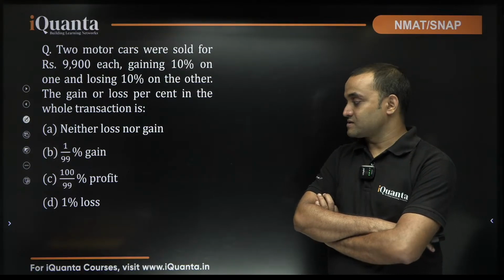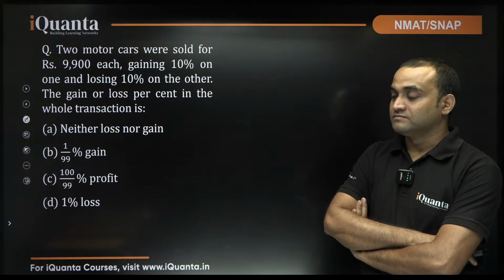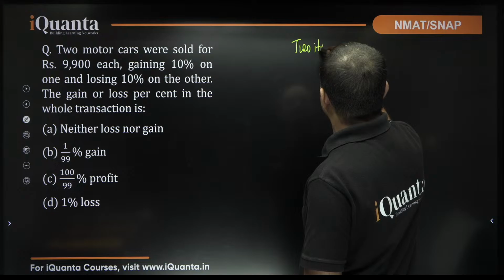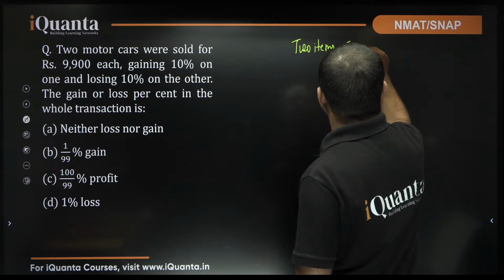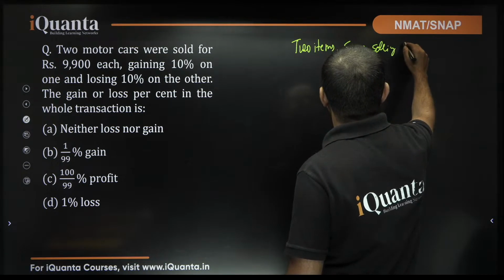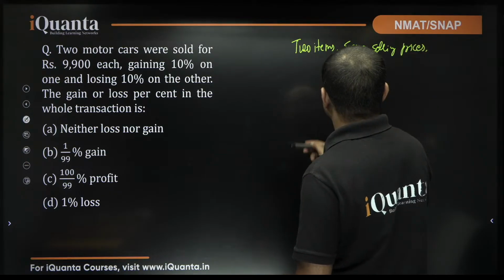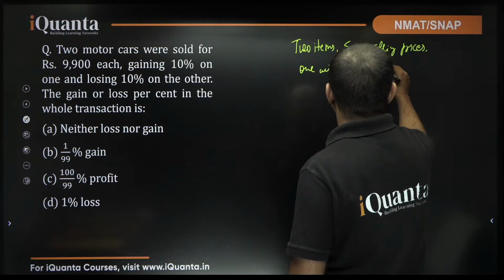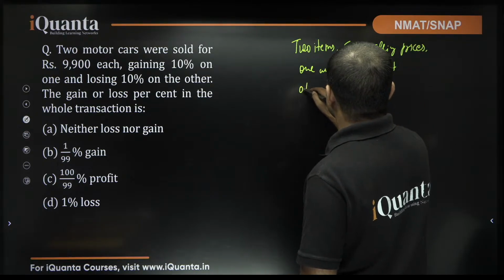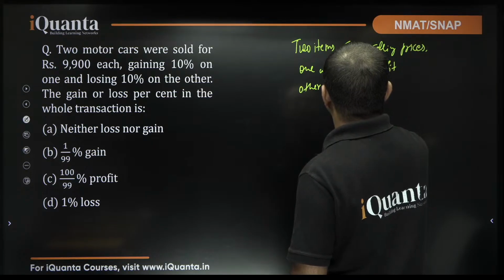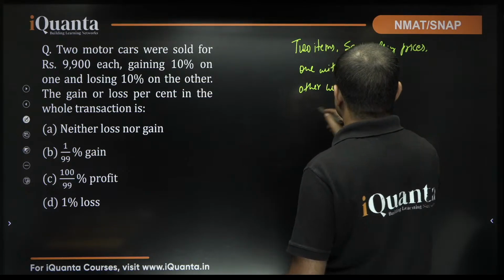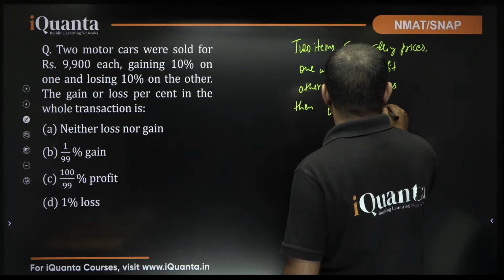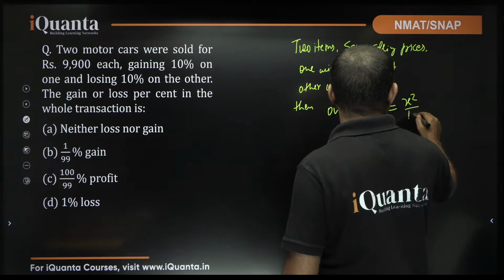Direct formula, yes, this can be solved using the direct formula, right? Two items, same selling prices, one with X% profit and the other with X% loss, then we say overall loss will be equal to X square upon 100%.